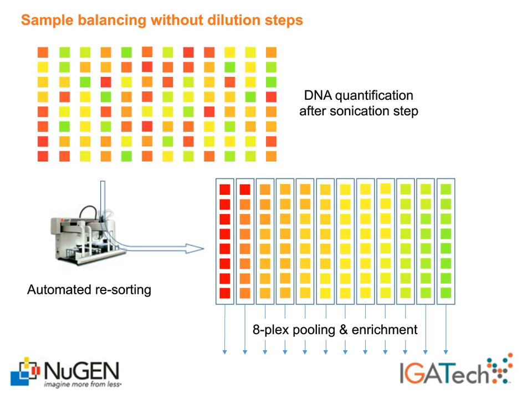Therefore, pooling together samples with similar DNA quantities also ensures they will likely perform equally in the fragment library preparation. And of course, as the manual instructs, after the enrichment PCR, the pools are quantified by qPCR and diluted accordingly for flow cell loading.